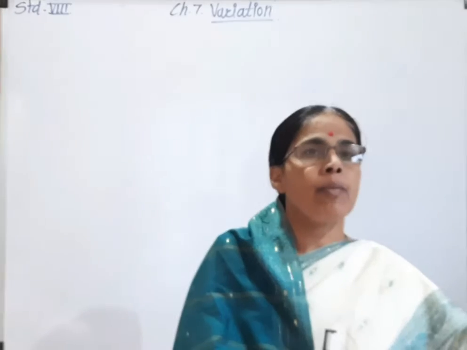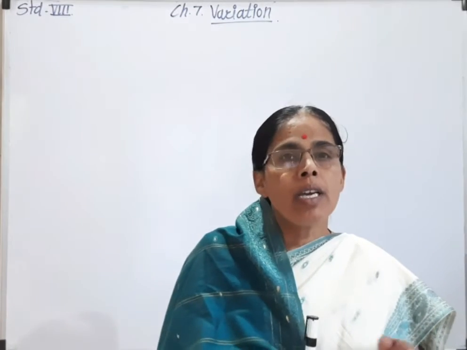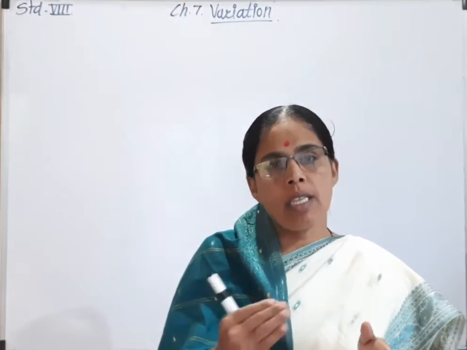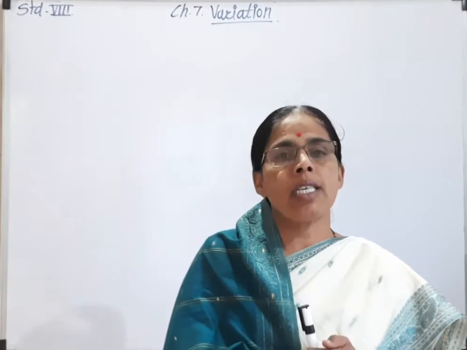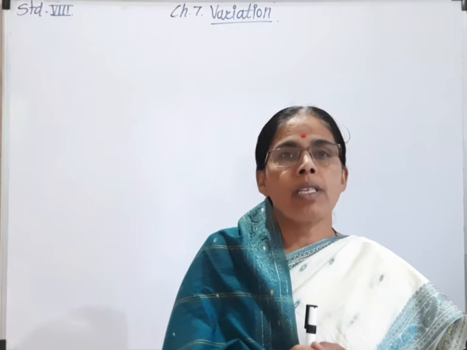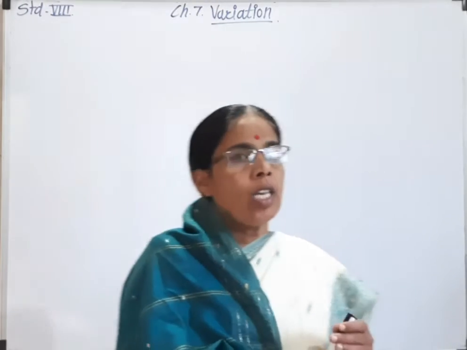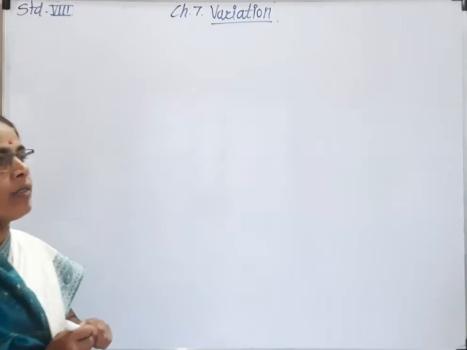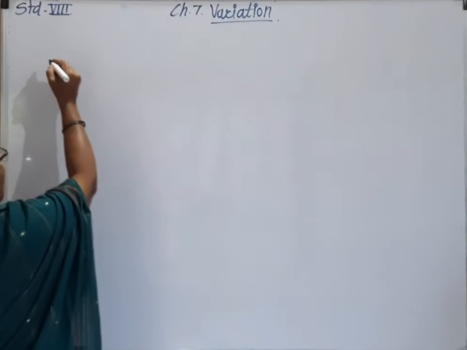In the first example, both quantities are increasing, but in the second example, if the number of students increases, the days required are fewer, which means the second quantity is decreasing. So these examples are of direct variation and inverse variation. These are the two types of variation.